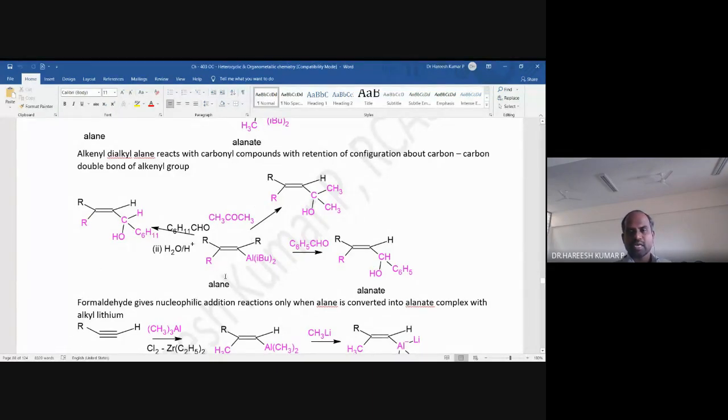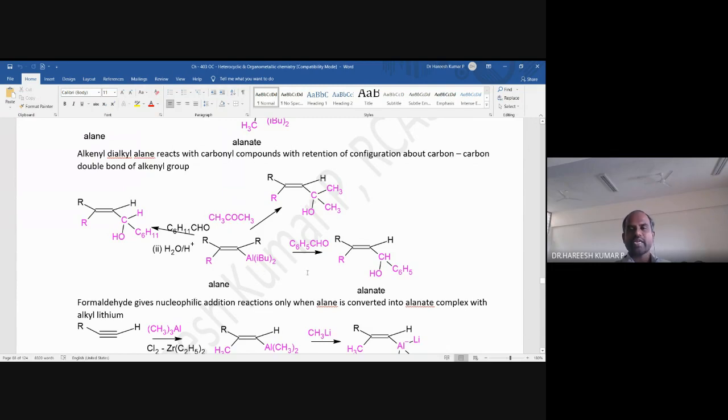Similarly, this alkynyl dialkyl alane, when it is treated with benzaldehyde, alcohol is obtained. Before treating with benzaldehyde, this alkynyl dialkyl alane should be treated with methyl lithium. Methyl lithium will convert this alane into alanate.